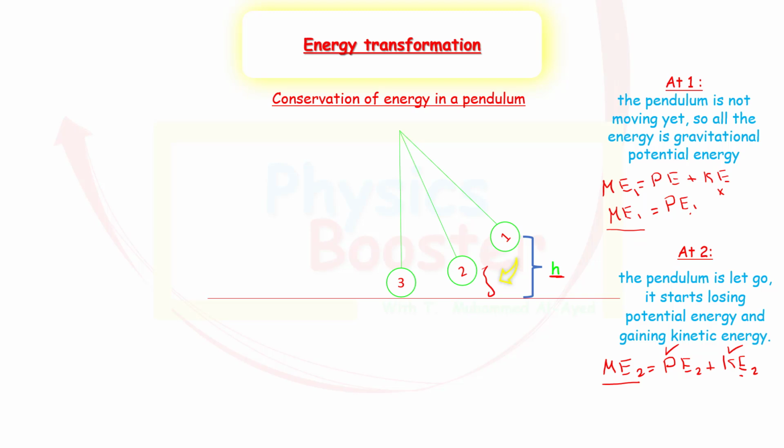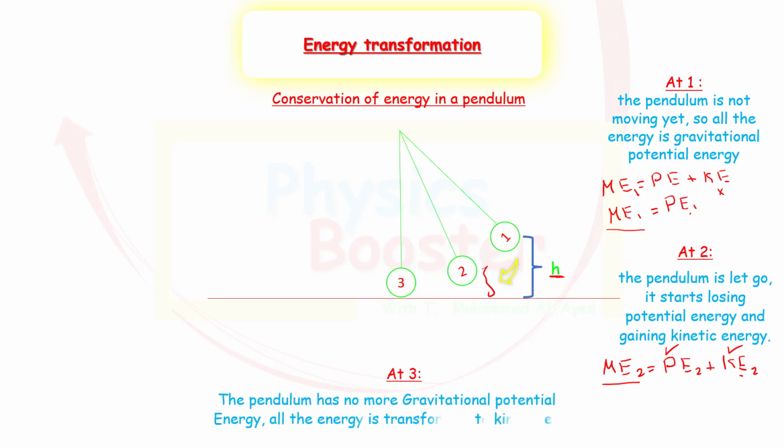Now, imagine if we took another picture of this pendulum while it was swinging, when it reached point 3. At point 3, the pendulum has no more gravitational potential energy because it's not above the ground anymore, but it is moving, so it has kinetic energy. All this potential energy is transformed into kinetic energy.